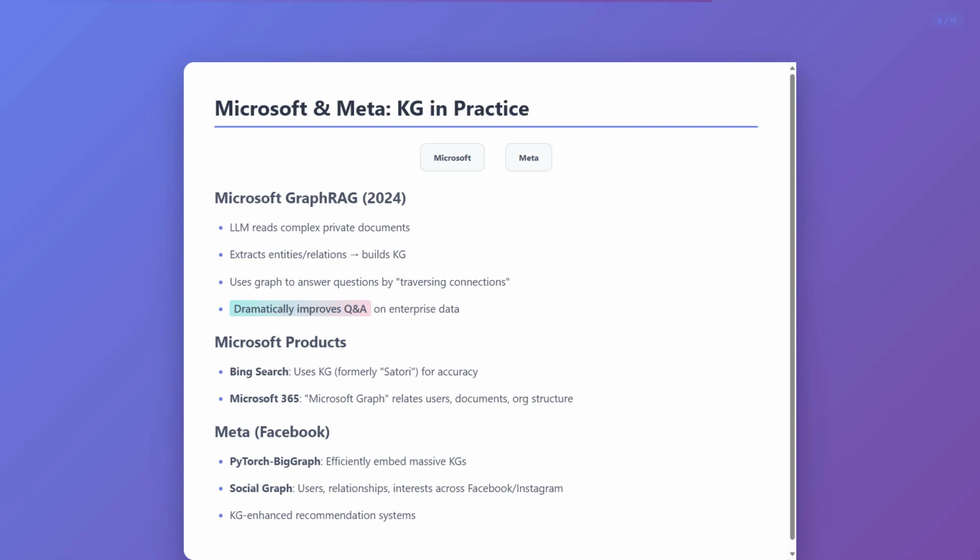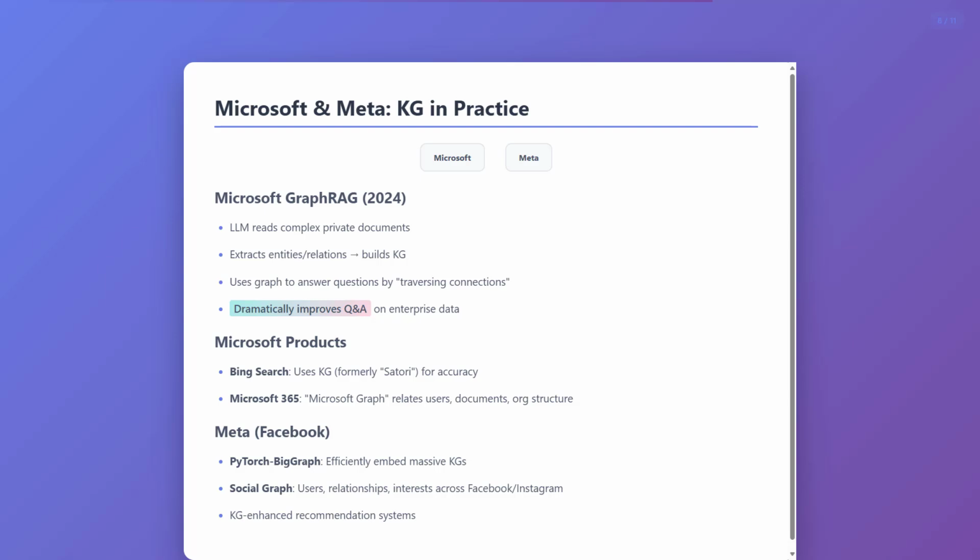Then, when someone asks questions about that content, the system can traverse the graph to make connections that might not be obvious from simple text search. They found this dramatically improves question answering on complex enterprise data because the graph structure helps the LLM connect the dots between related concepts across different documents.